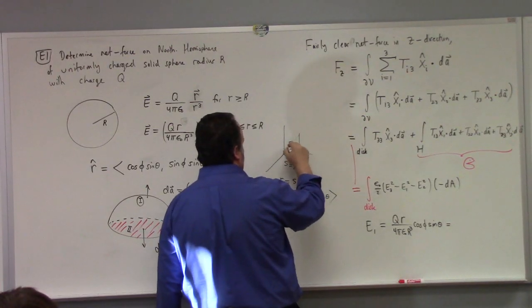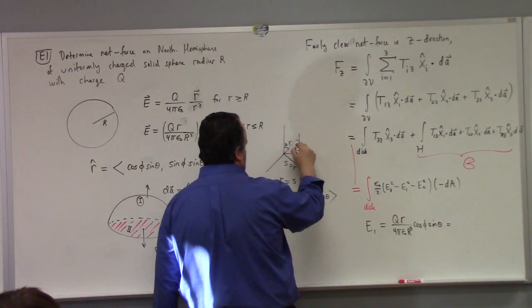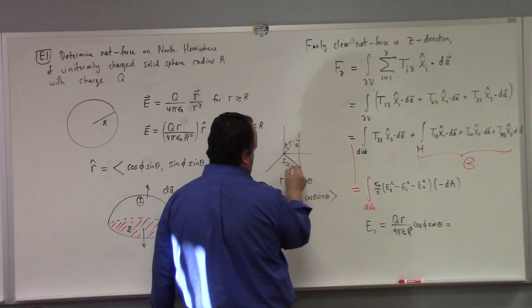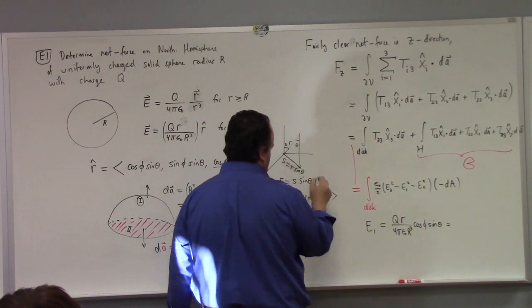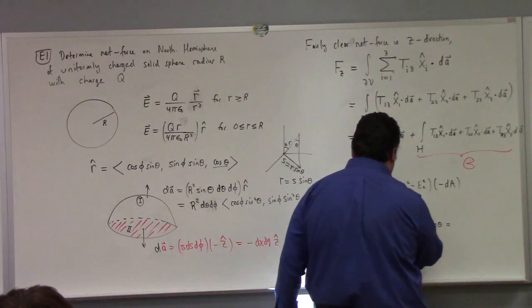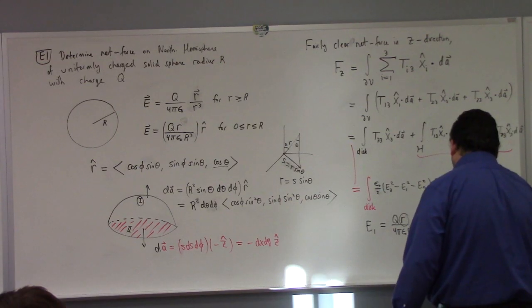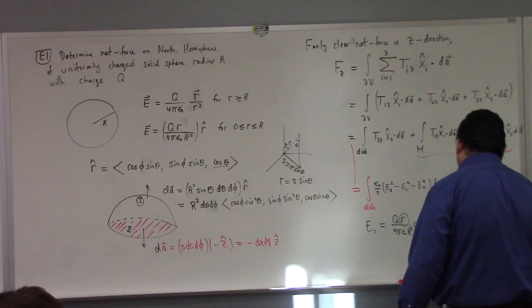So this is R, this is theta, this is theta. So S is equal to R sine theta. But that's what this is. So I could rewrite this as QS cosine phi divided by 4 pi epsilon naught r cubed.